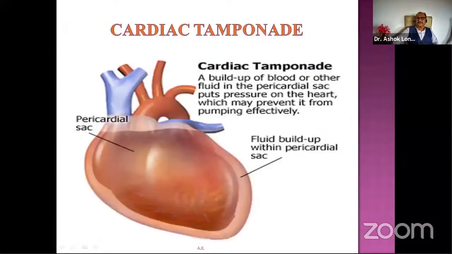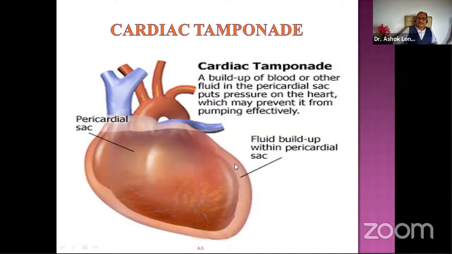So this is cardiac tamponade. It is a buildup of blood or other fluid. The other fluid is nothing but pericardial fluid itself, which may be more if it is pericarditis.